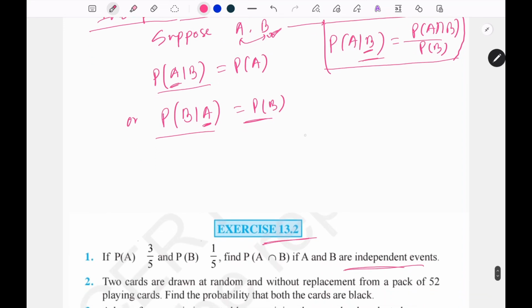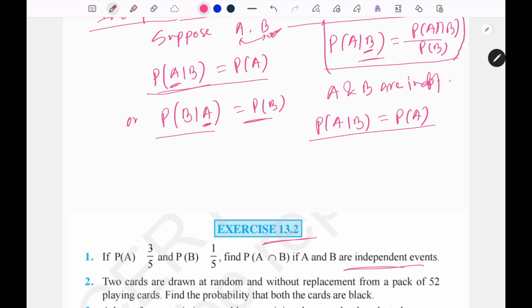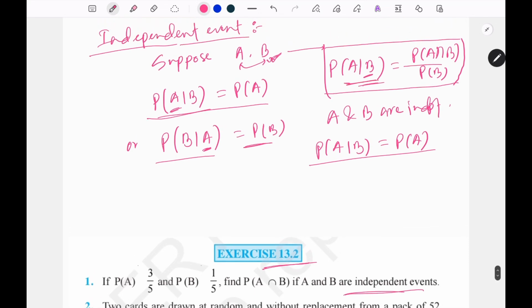If A and B are independent, then the probability of A given B is the same as the probability of A, and we know the probability of A given B is the probability of A intersection B divided by the probability of B. So the probability of A intersection B divided by the probability of B equals the probability of A.